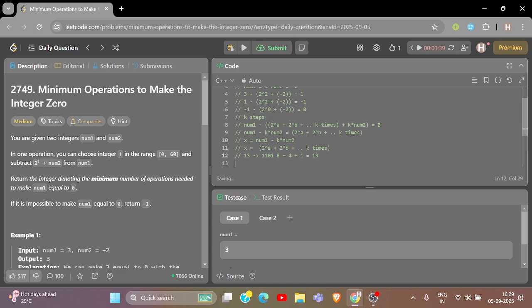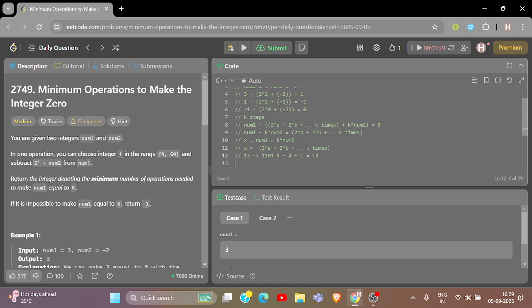So what I understand is that my k has to be at least 3 to represent 13, because we need at least 3 powers of 2 to represent 13.